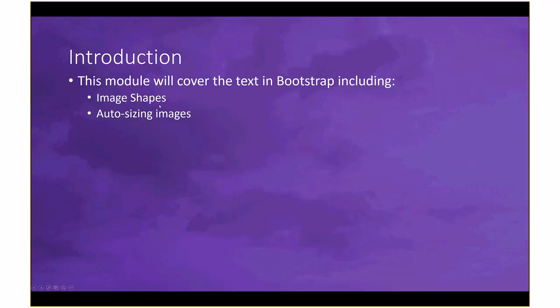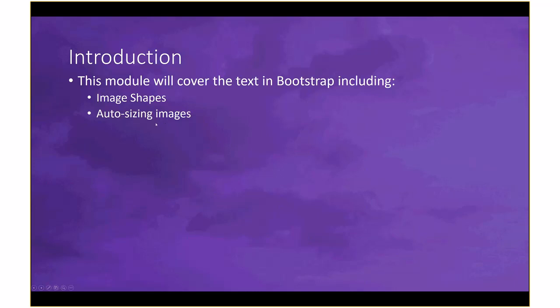So, images, they are what they are, and there's not a lot that Bootstrap does with them other than, you can use the positioning framework for the grid on where to put them and all that kind of stuff. But pertaining to images themselves, the actual picture, there's only a couple of things that Bootstrap does. So one, you can change the shape that the image is shown in.